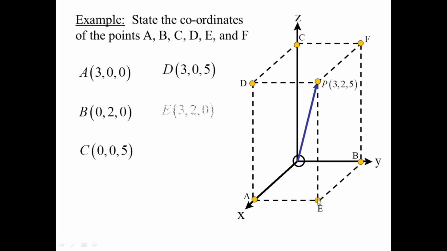So it must be (3, 2, 0). Point F. How did we get there? We went nowhere along the x-axis. We just went 2 along the y and 5 along the z. So it must be (0, 2, 5). And gradually, by dwelling on this and practicing with it a bit, you get used to points with coordinates in 3-space.